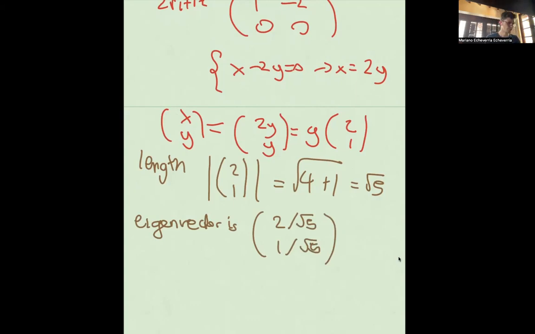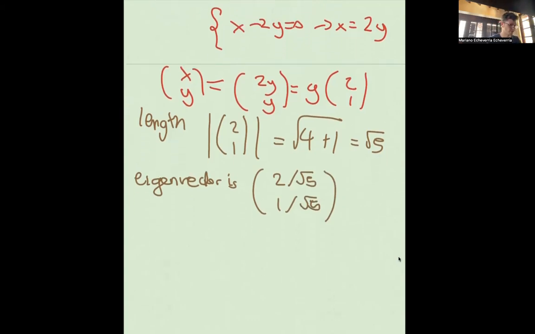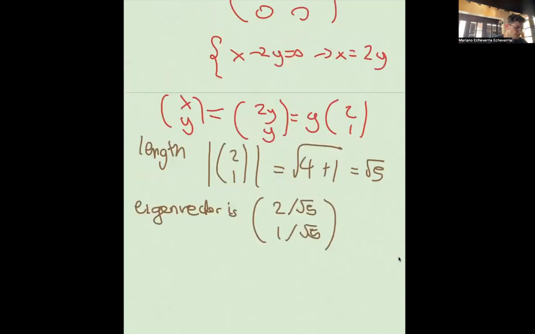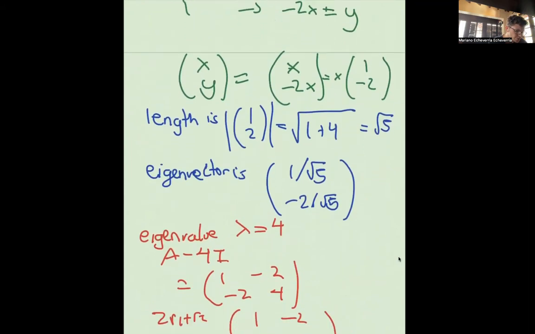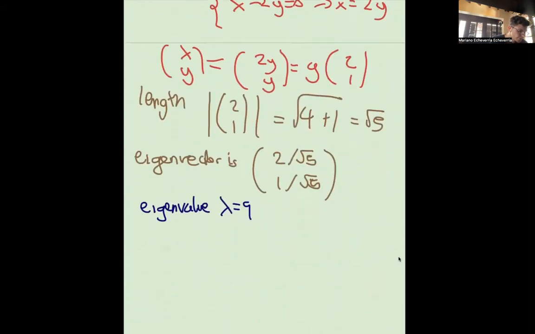Okay, so let's just summarize the situation. One eigenvalue was lambda equals 9. Sorry, I said lambda equals 1, but it is lambda equals 9. For that eigenvalue, the eigenvector was 1 over root of 5, minus 2 over root of 5.